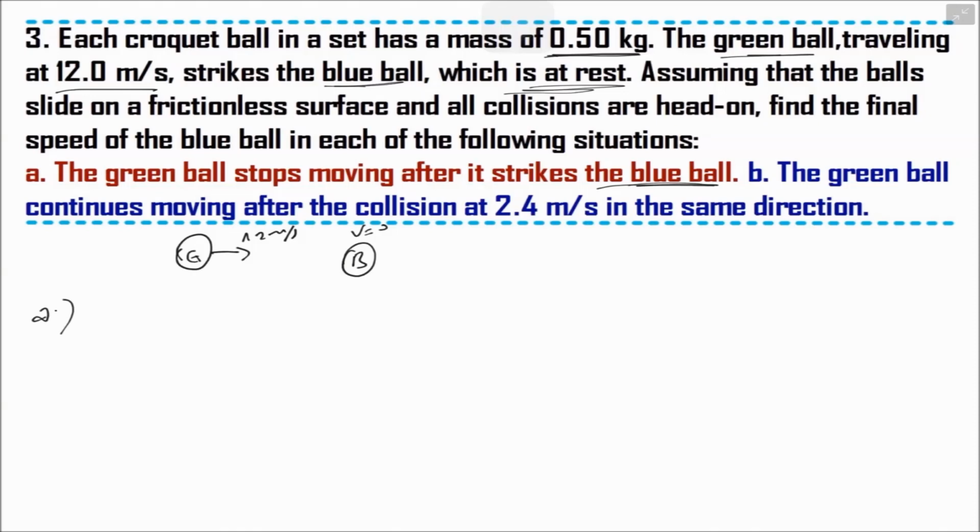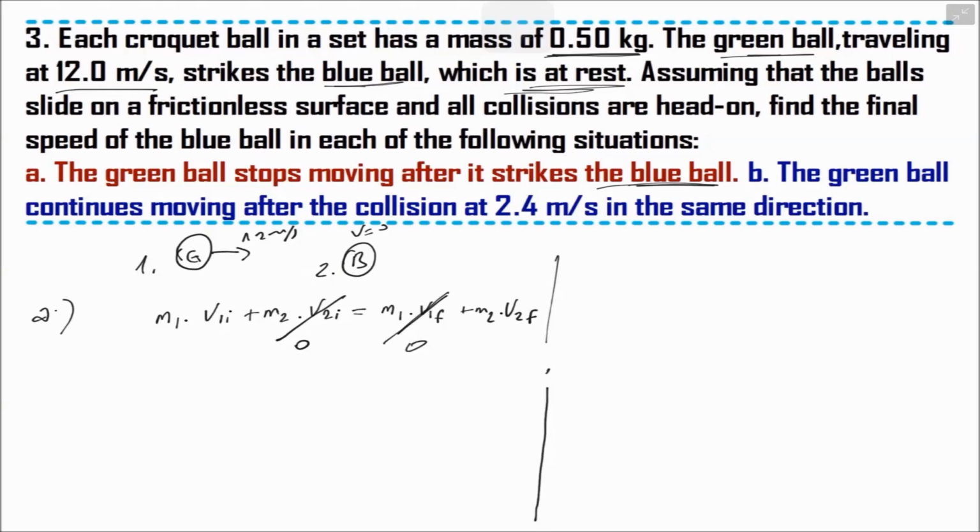Our formula is the conservation of momentum: m1 times v1 initial plus m2 times v2 initial equals m1 times v1 final plus m2 times v2 final. Let's use this for A. The first object, m1, is the green ball, and the second object is the blue ball. The initial velocity of the blue ball is 0, and the final velocity of the green ball, as given, is 0.